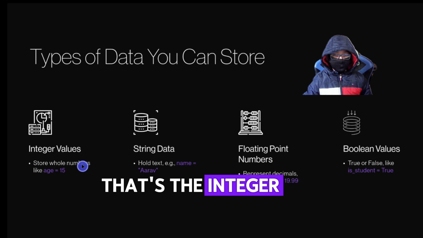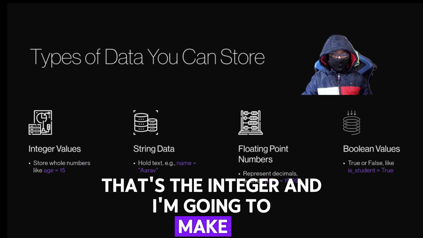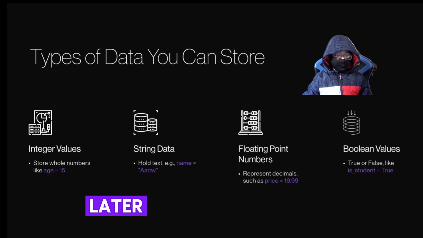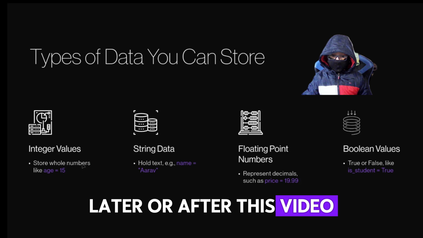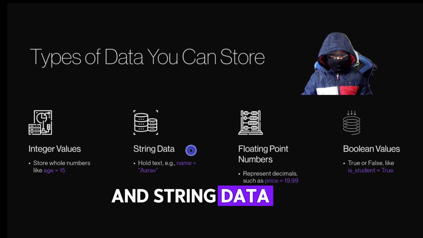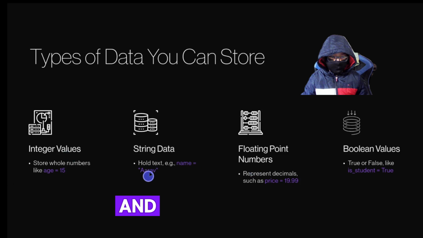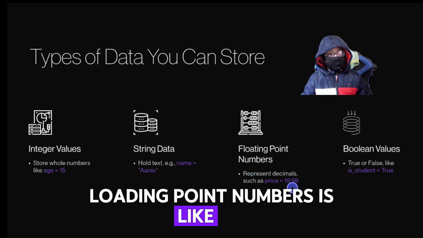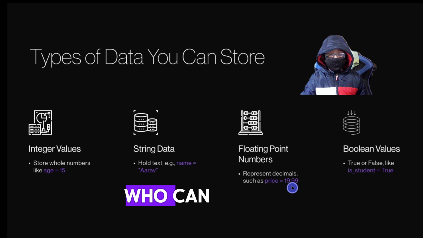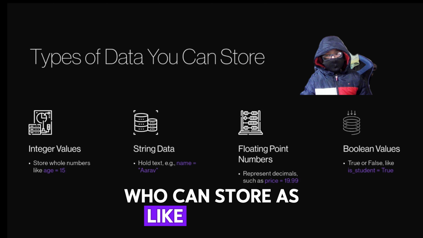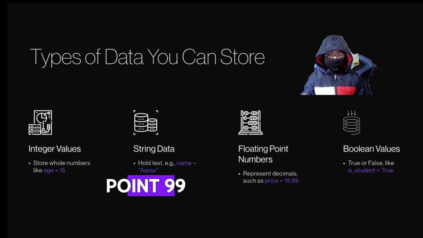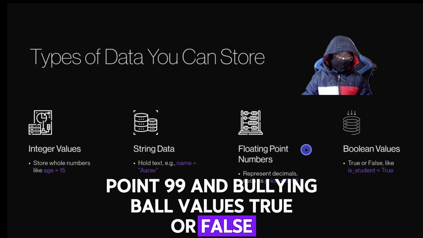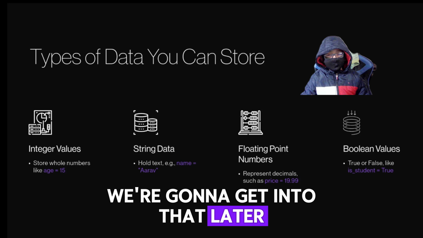That's an integer, and I'm going to make a tutorial on this later or after this video. And strings can hold text. Floating point numbers, we can store as like a price, 19.99, and boolean values, true or false. We're going to get into that later.